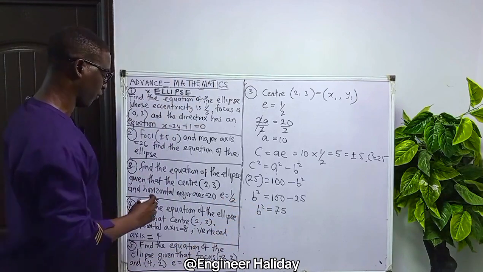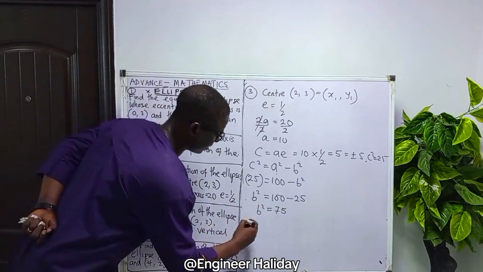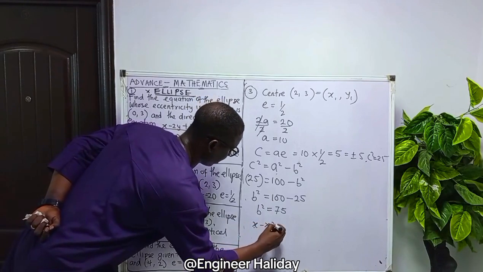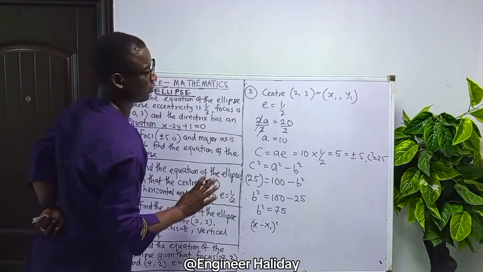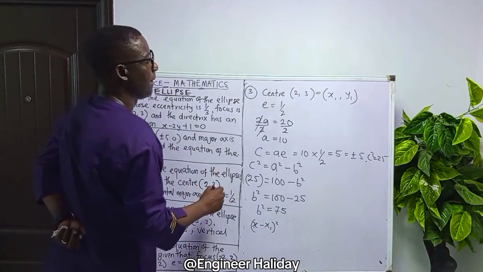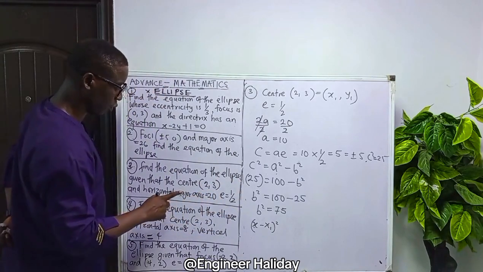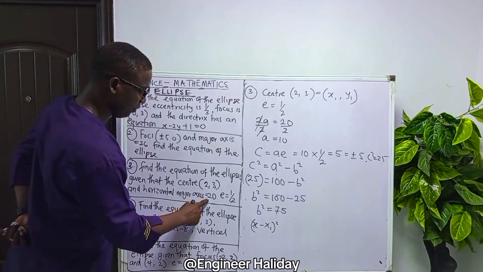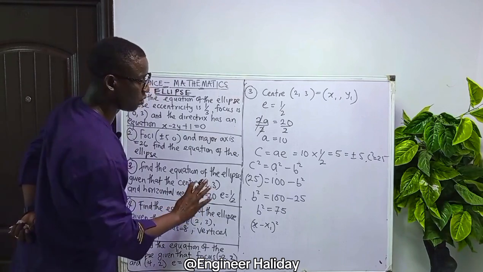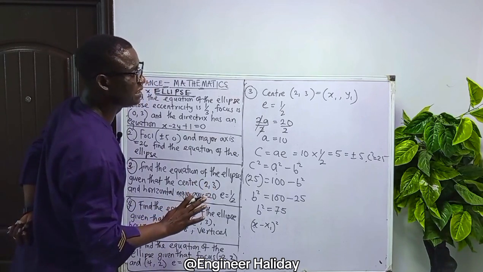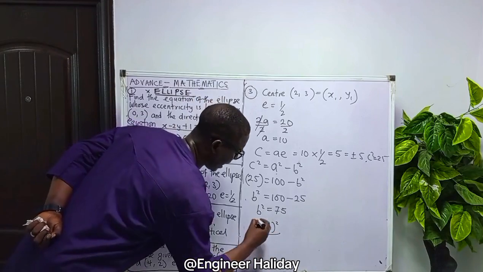Now, we are looking for the equation of the ellipse. Why do I take the x minus x1 term as my first thing? Because the major axis, if you check, we are given (2, 3), that is (x1, y1). Let's assume the major axis lies on the x-axis.